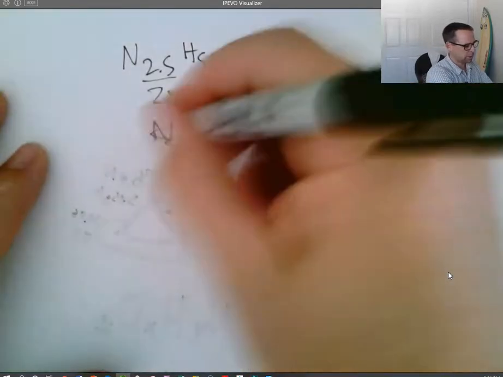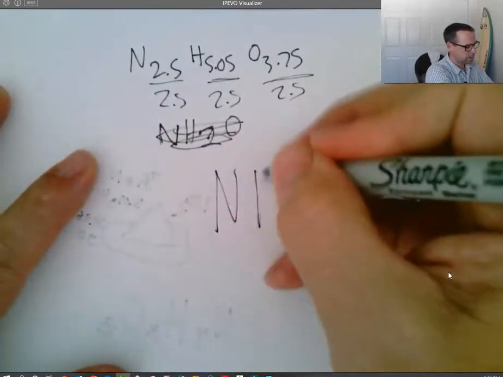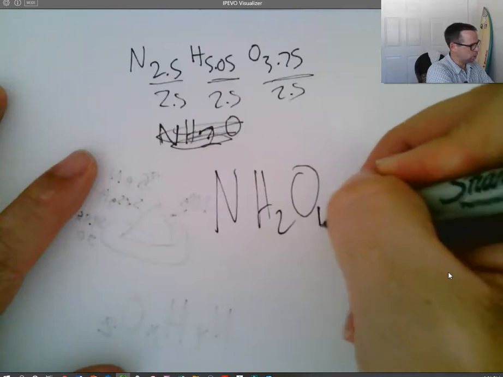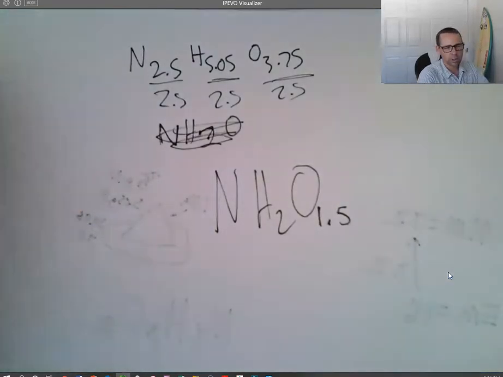So I have NH2O1.5, and I didn't quite get there. What do I do now?